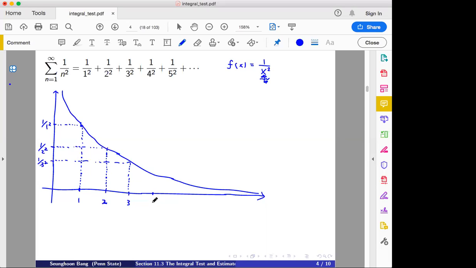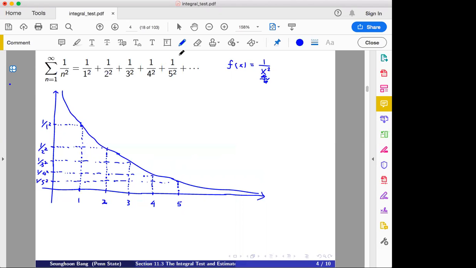You choose 4, plug into the function, 1 over 4 squared. You choose 5, so we have 1 over 5 squared. So this is the idea.